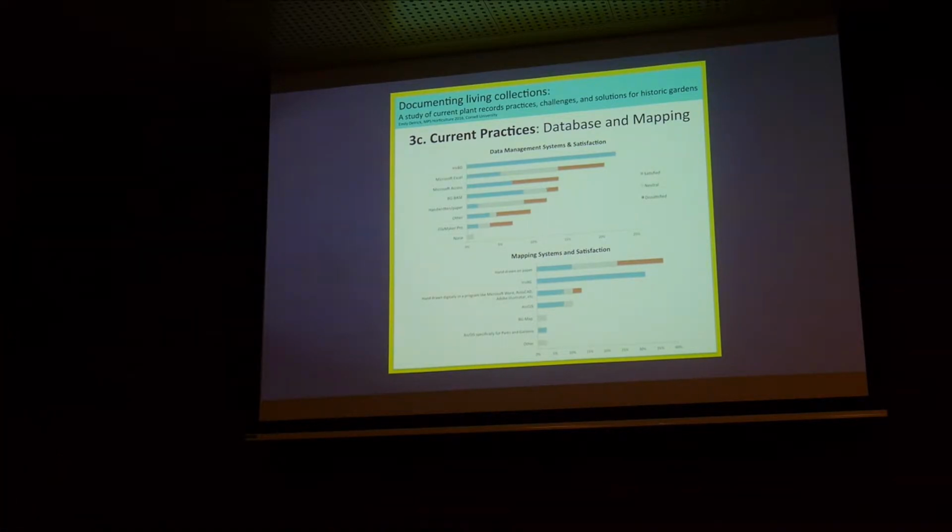This is how user satisfaction was across the different types of systems people use, and we scored very well. It's a very good score. This is a combination of IrisBG, Excel, Access, BG-Base, FileMaker Pro. It's available on our website if you want to see the paper about this.